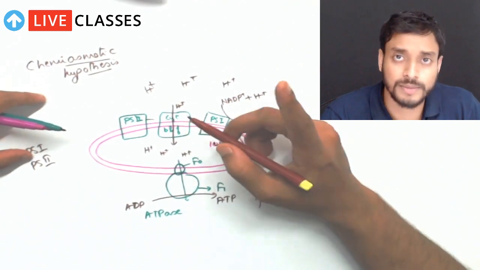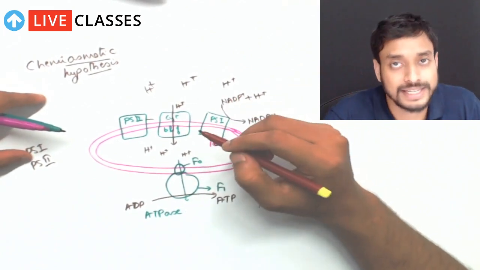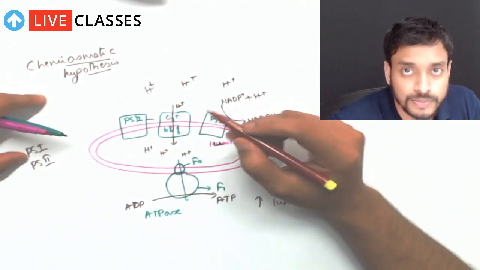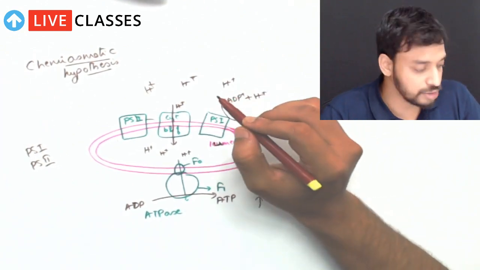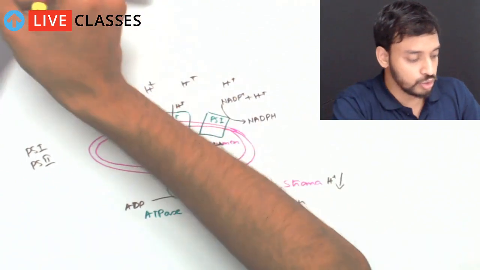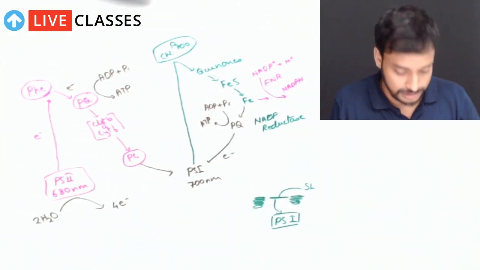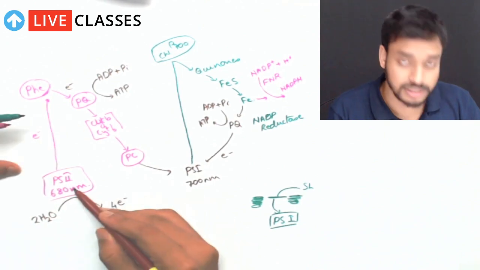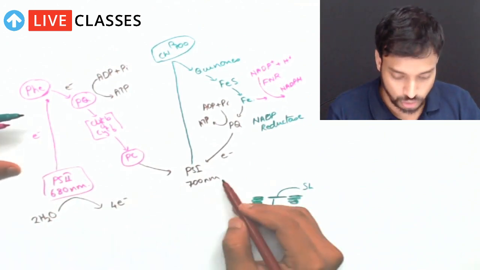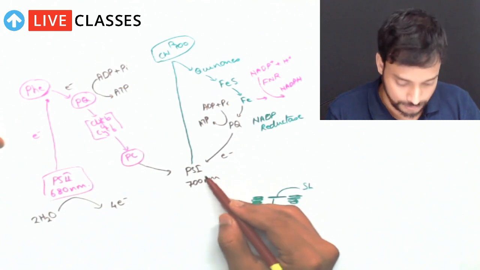What about photosystem 2? What wavelength of light is being used by photosystem 2? 680, correct? Now if you talk about the arrangement, I can show you the arrangement once more. This is the arrangement we have seen. So these are the electron acceptors. First it starts with photosystem 2 and then it goes to photosystem 1, correct?